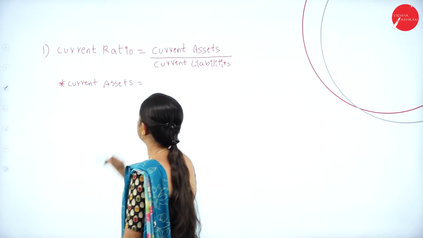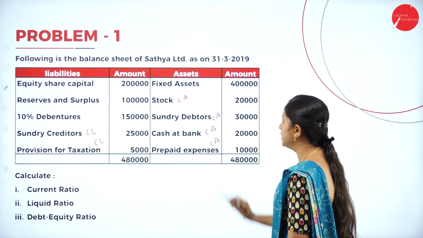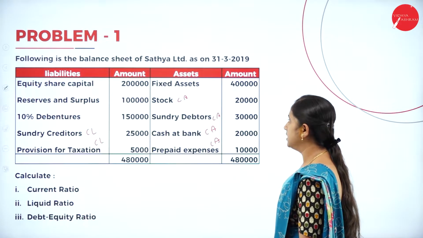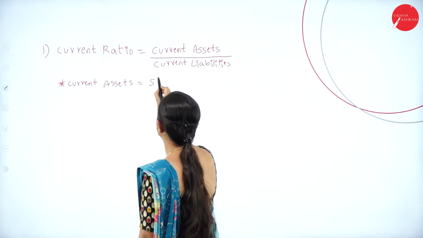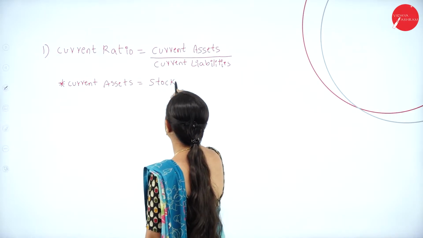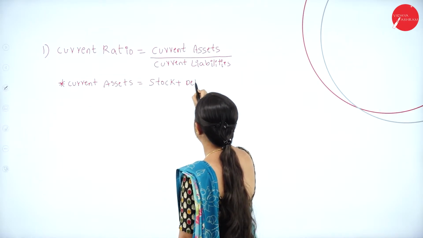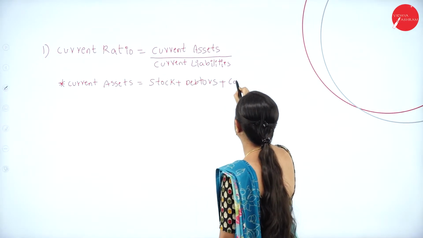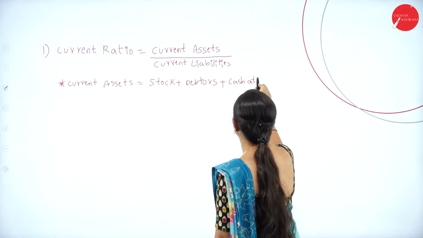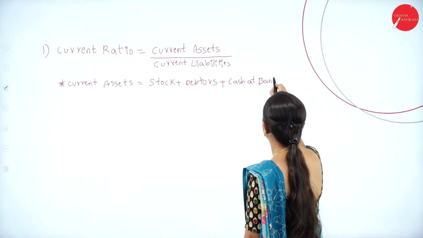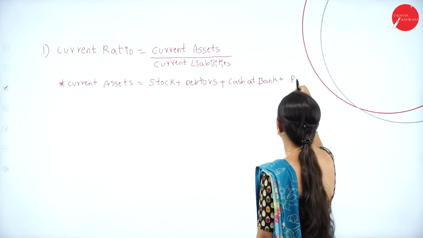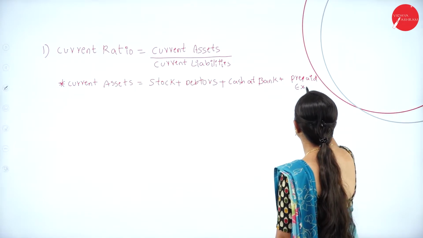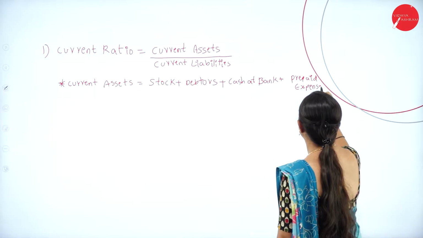Current assets is equal to, in this problem, stock plus sundry debtors plus cash at bank plus prepaid expenses.